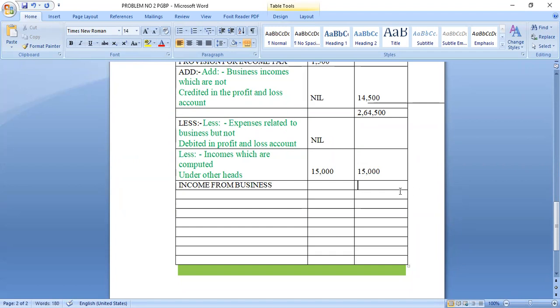How much do you get? 2,64,500 minus 15,000 gives 2,49,500. Yes, 2,49,500.